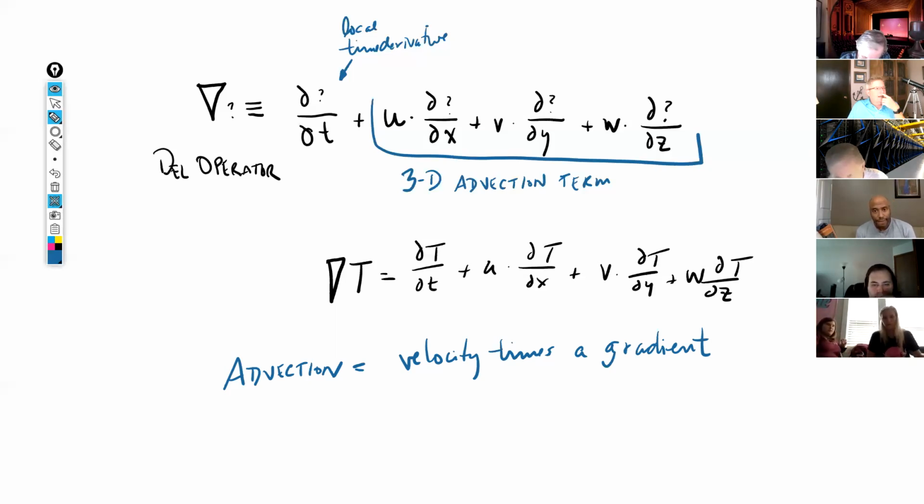Oh, guys, hold on. I've made a mistake. It's been a long time since I've taught this. The del operator, and this is wrong, so I'm sorry to fix this. The del operator is just this.